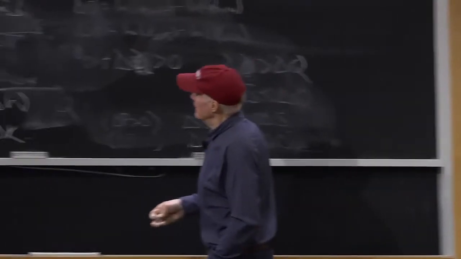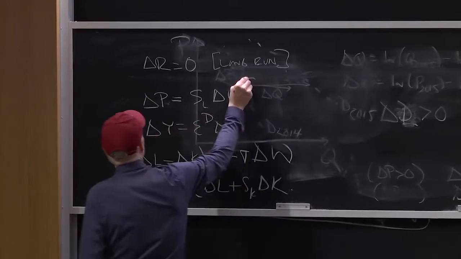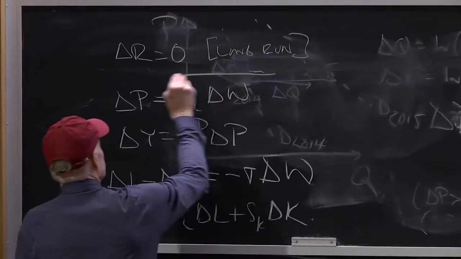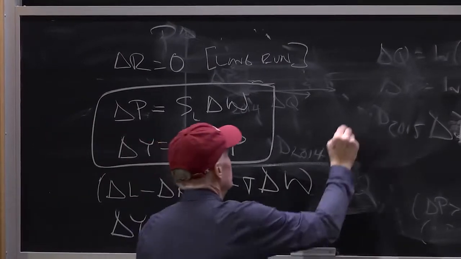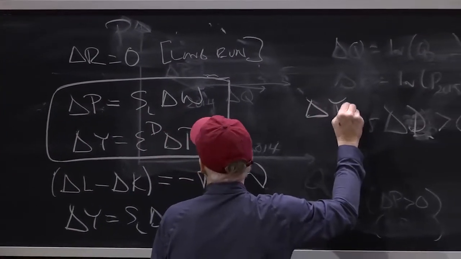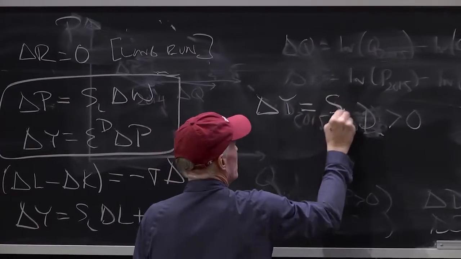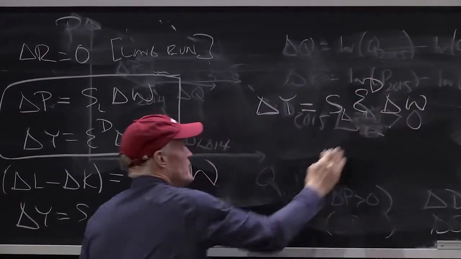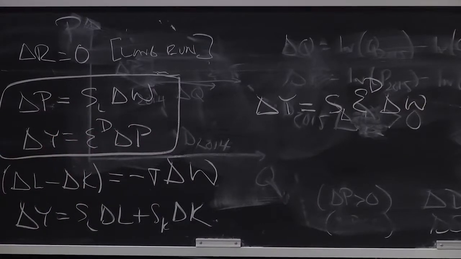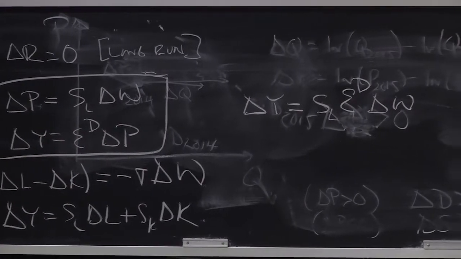Okay? Let's put these two equations together. What do we get? We get delta Y equals SL epsilon D delta W. So it's easy to get the change in output right off of there.